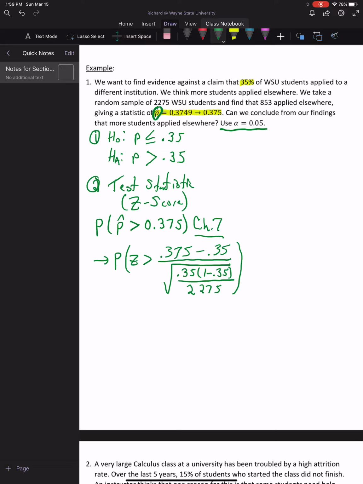Now, again, I want to draw emphasis that in that denominator, in that crazy square root, we're always using the value of the parameter, the 0.35, not the 0.375. The big mistake people make is they use 0.375 in the square root. They can't use the value for the statistic because we know about the parameter only. So we have to use the information on the parameter. It gives us a more accurate result.